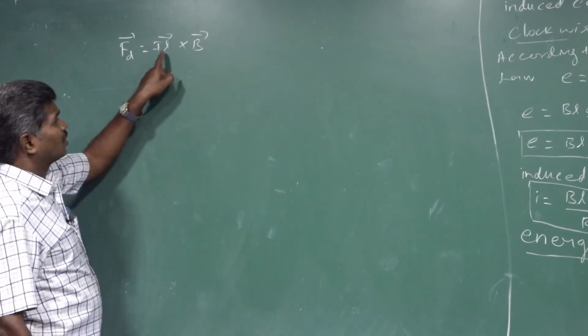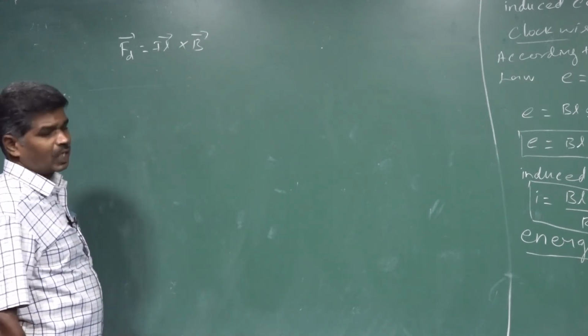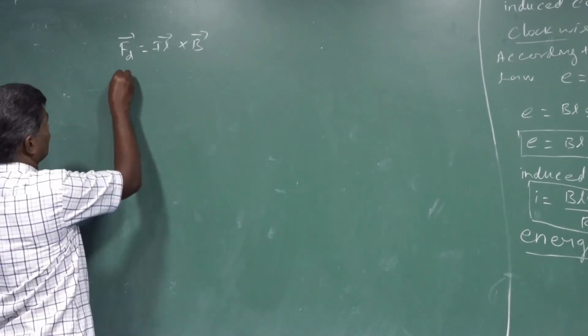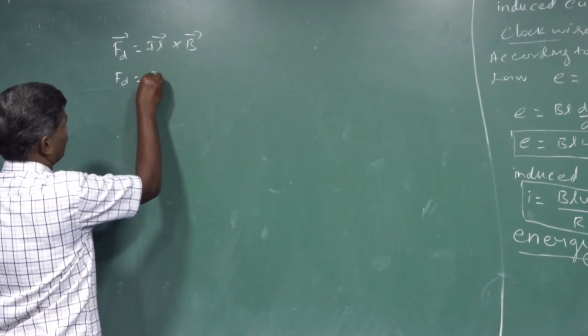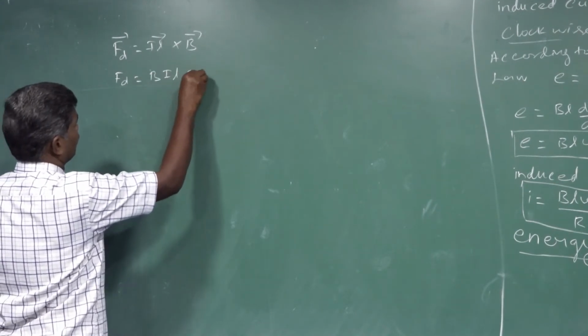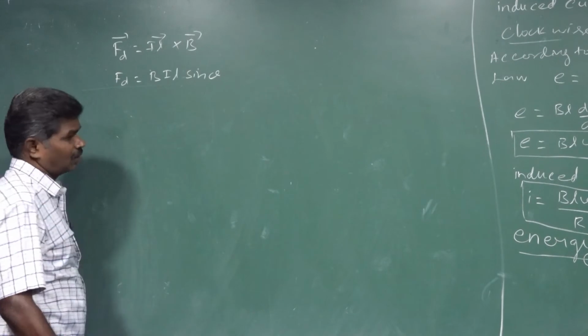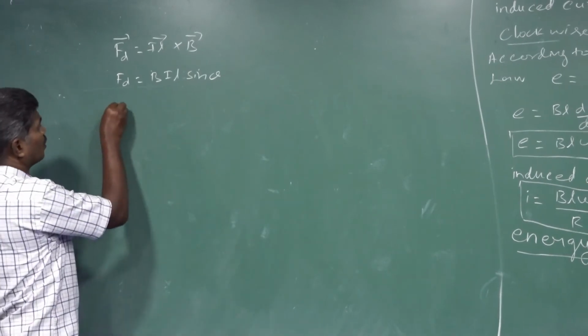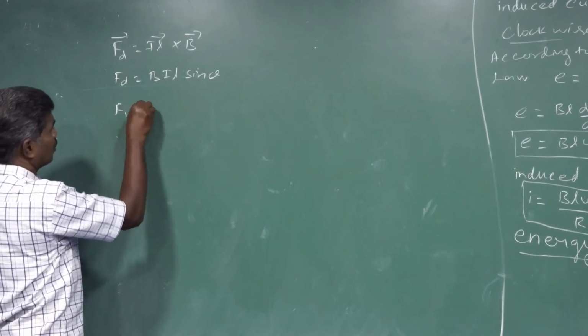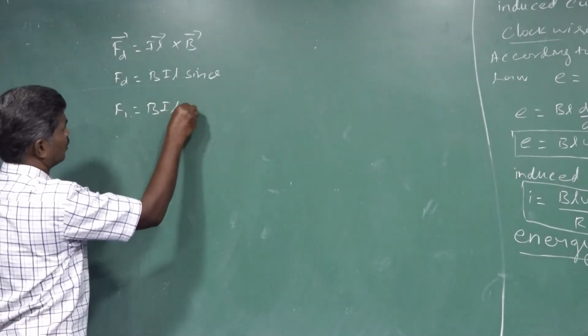The two are in a cross product, so FD is equal to BIL sin theta. The net force is only F1 alone, so F1 is equal to BIL sin theta.